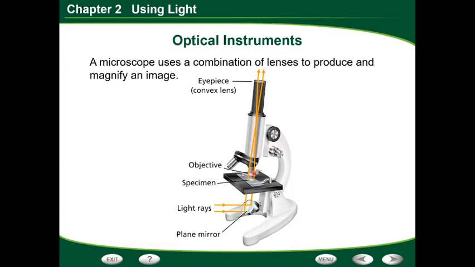Then the light is going to be bent and channeled upwards to the eyepiece, where there is yet another convex lens that will magnify the image even further, so you can see whatever this tiny little specimen is. Because we have two convex lenses, one down here and one up here, it's really going to magnify the image you're trying to look at.